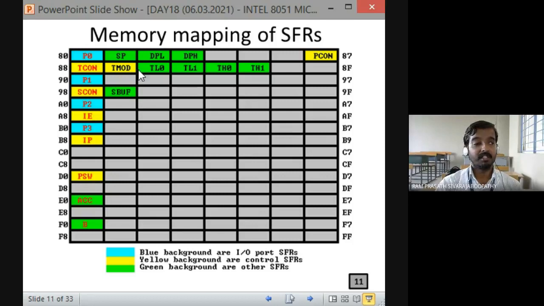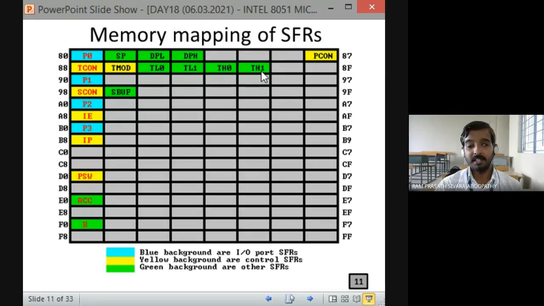Then the registers TCON, TMOD, TL0, TL1, TH0, TH1. These 6 registers are used for programming the timer or counter, the two 16-bit timers or counters.